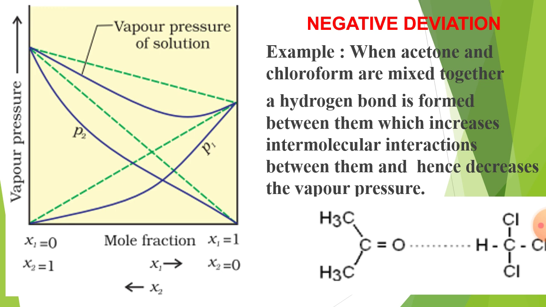Look at the graph. The curve shown below, the green line, indicates less vapor pressure, and hence this indicates negative deviation. Let us take one example to explain negative deviation.